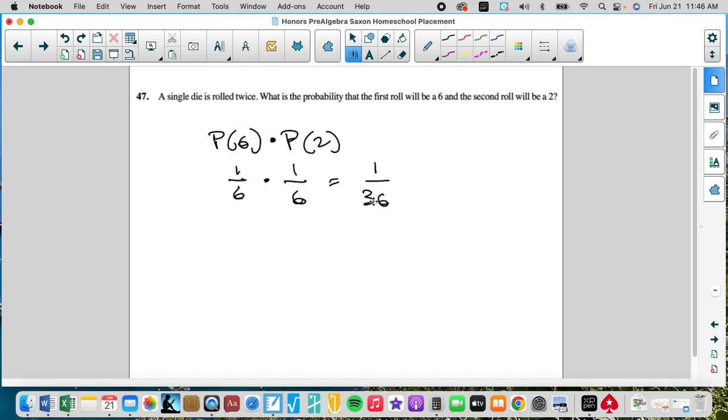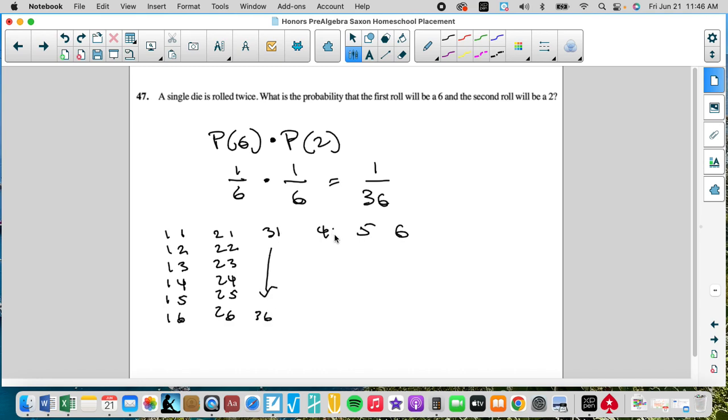And if we wanted to list the combinations, you could roll a 1 and a 1, a 1 and a 2, a 1 and a 3, a 1 and a 4, a 1 and a 5, a 1 and a 6, or you can roll a 2 and a 1, a 2 and a 2, 2, 3, 2, 4, 2, 5, 2, 6, and so on, down to 6, 1 through 6, 6.